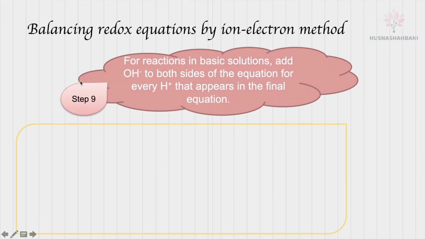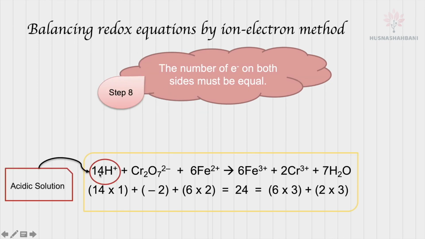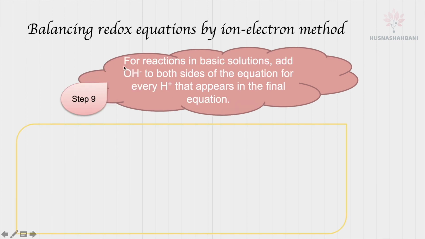Step number 9, if the reaction is basic solution, or the question asks you to write the equation for basic solution, if it's acidic solution, this is your final answer. But if the question asks for basic solution, you must add OH minus on both sides, on the reactant side, on the product side, for every H plus. How many OH minus you have to add depends on how many H plus you have.